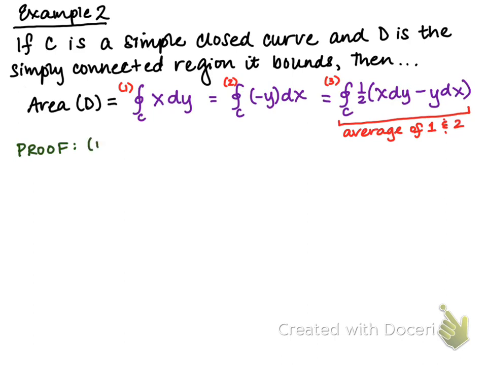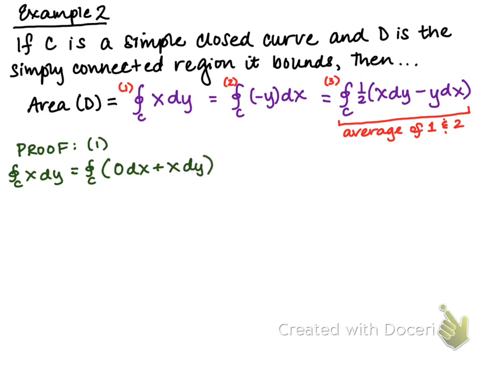So I'm going to do 1 first. Well, the line integral over C of x dy, if you think of that as a sum of a line integral with respect to x and a line integral with respect to y, so I'm going to write this as 0 dx plus x dy.